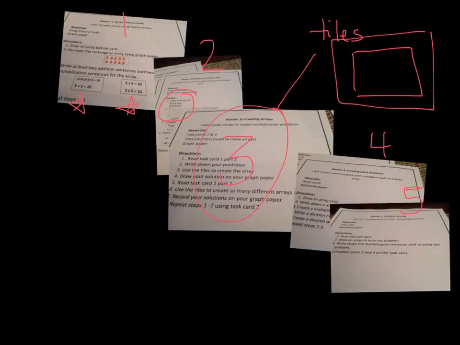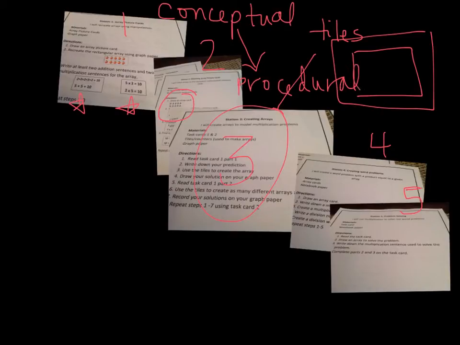Levels 1 and 2 tend to be very conceptual, so that they can become more fluent and procedural, so that it's easier for them to apply what they know in 4 and 5. So you can see the bridge in rigor as well.